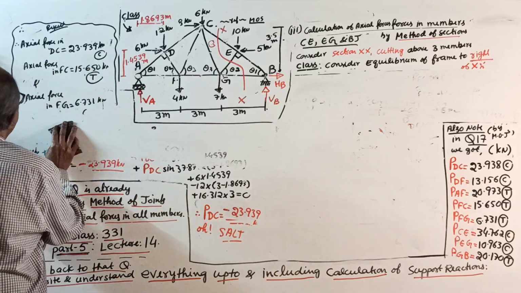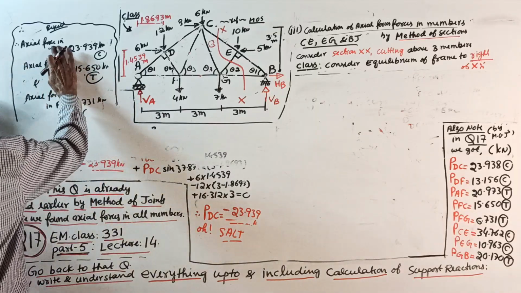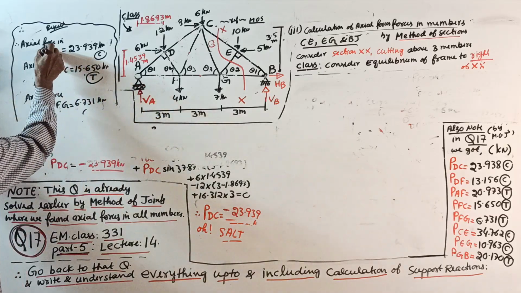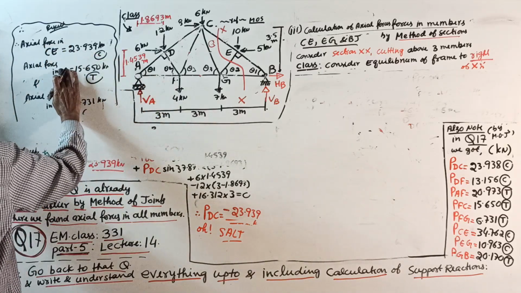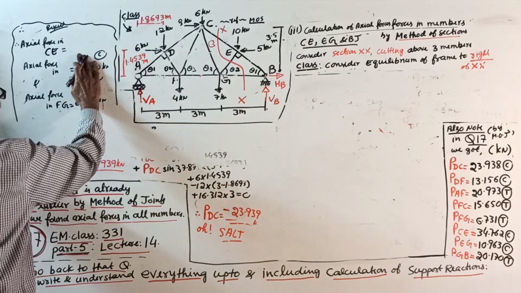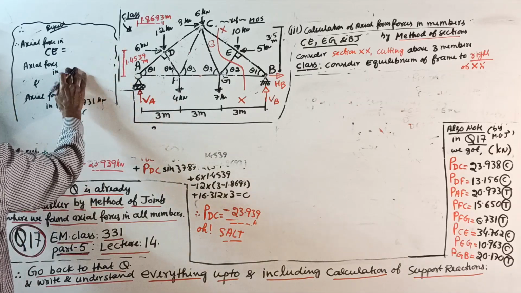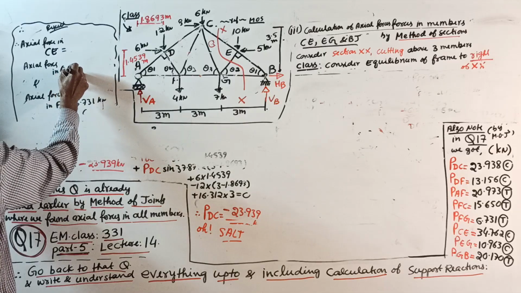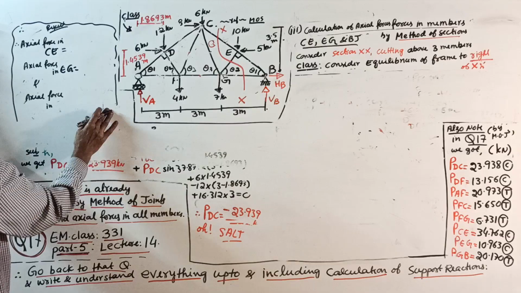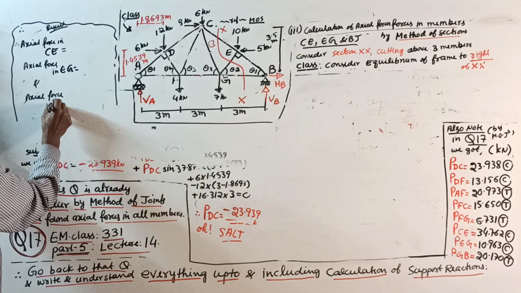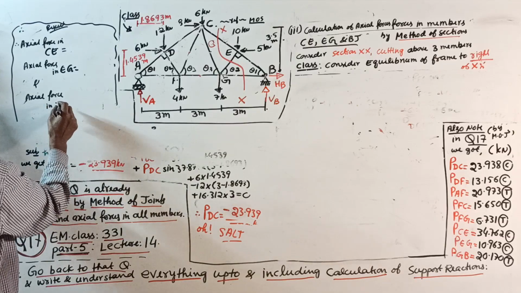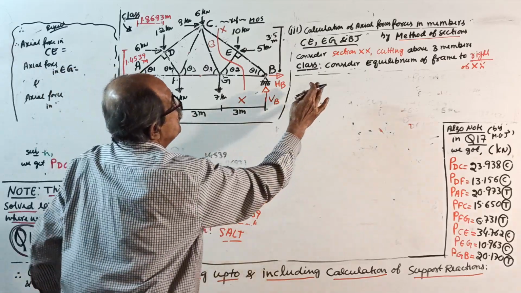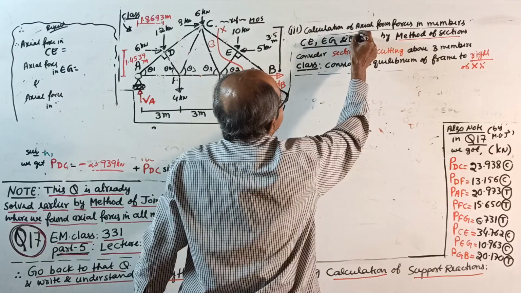This I want, because now finally we want the axial force in CE. Then the last answer, this I will remove. Then we want EG. It's the last step actually. Then you want BG. It is not BJ, it is BG. There is no J here.